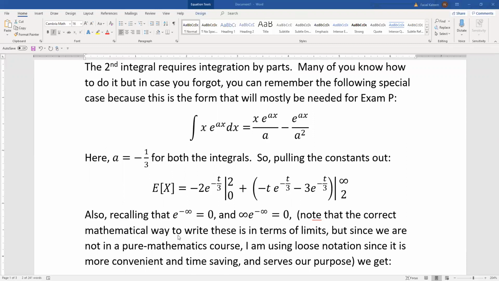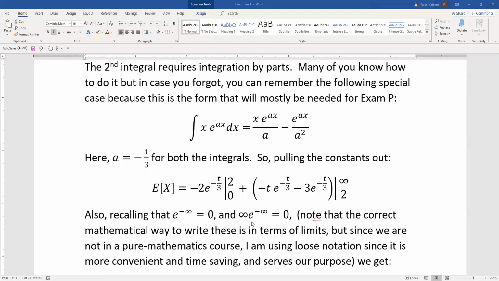This is not the correct mathematical way of writing these. The correct way is to write them in terms of limits. In a calculus course, this is written as the limit of e to the negative t as t goes to infinity, and that limit is equal to 0, and the same over here.